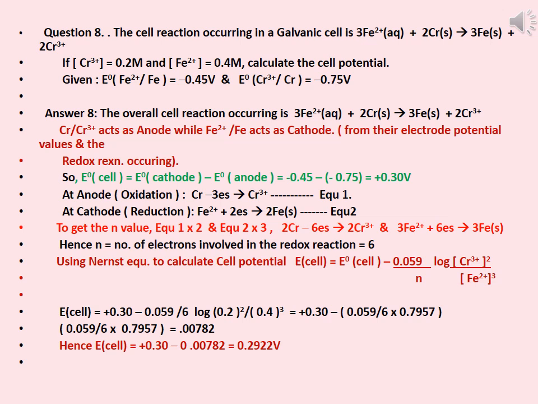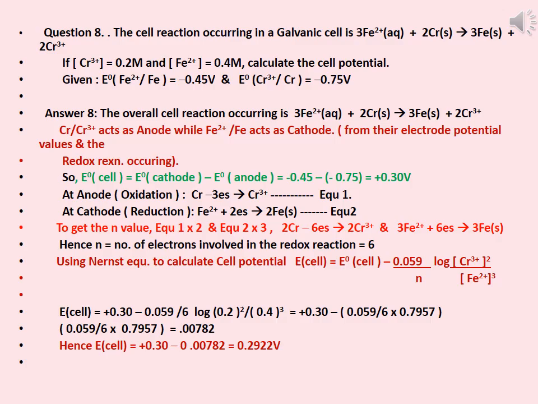Hence, to equalize the number of electrons given out and taken up, we need to multiply equation 1 by 2 and equation 2 by 3. So we get 2 Cr minus 6 electrons gives 2 Cr3+, and 3 Fe2+ plus 6 electrons gives 3 Fe solid. Therefore, the number of electrons released by chromium is the same as the number of electrons accepted by Fe2+, which is 6 electrons.